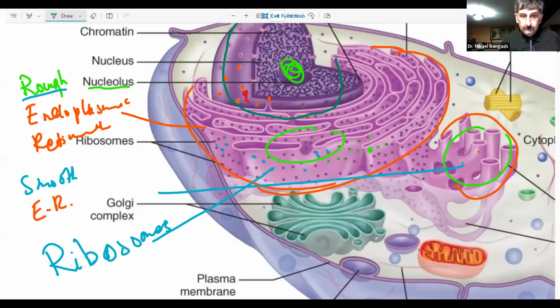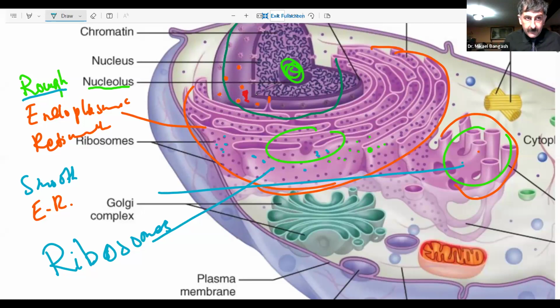Good. Now, guys, let's look at our cell. So what is it these ribosomes here are going to do?